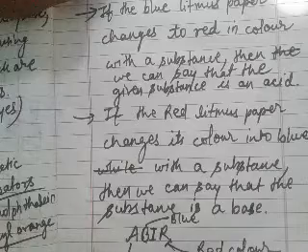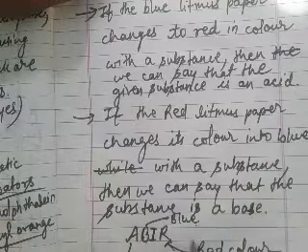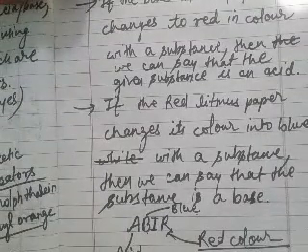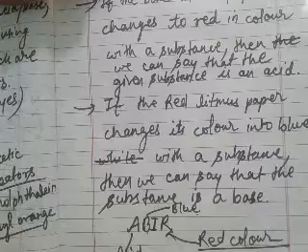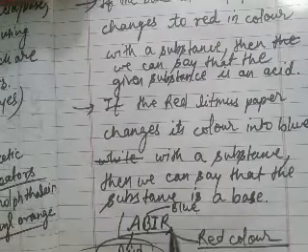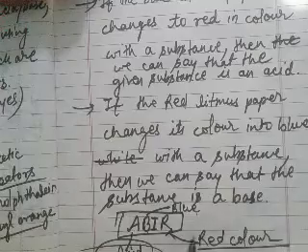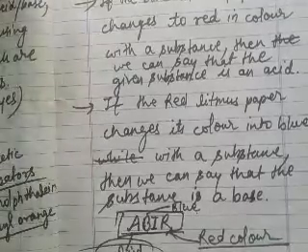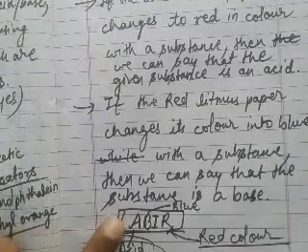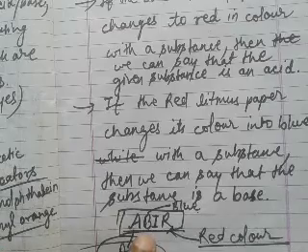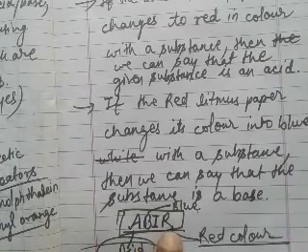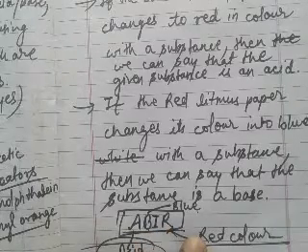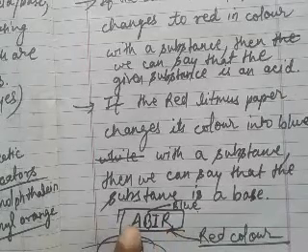If we put a blue litmus paper into a substance and it changes into red color, then we conclude that the given substance is an acid. So you can learn this concept with the mnemonic ABIR: acid changes blue litmus paper into red color.